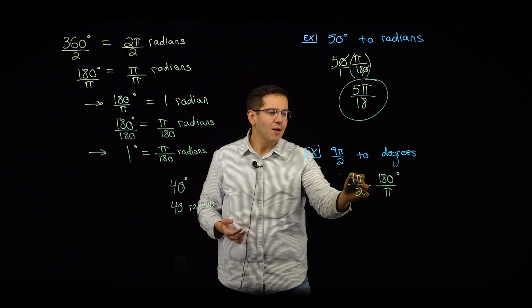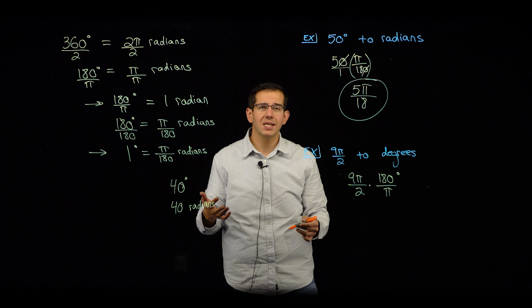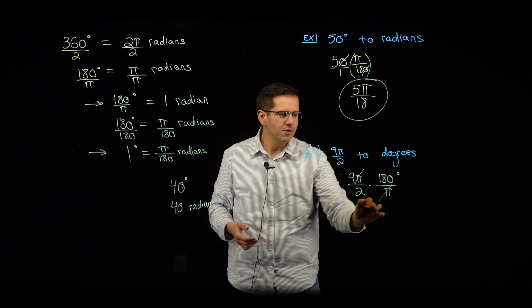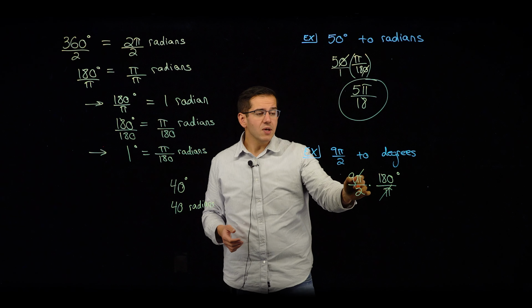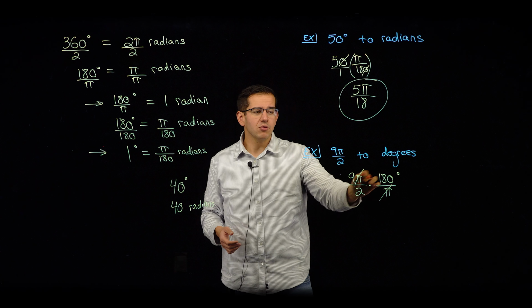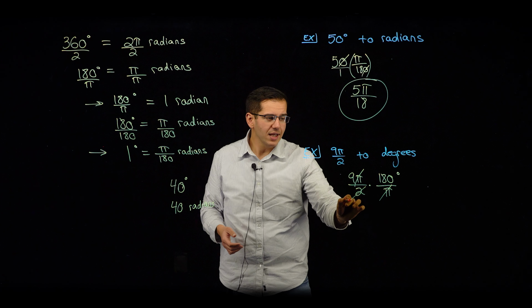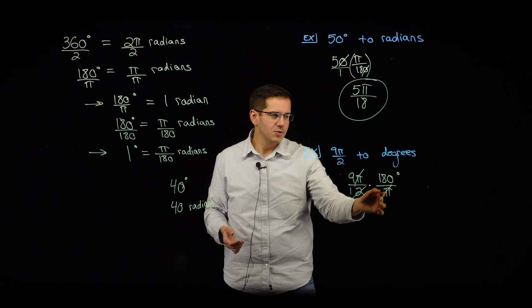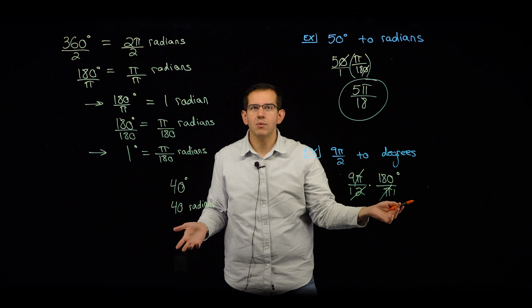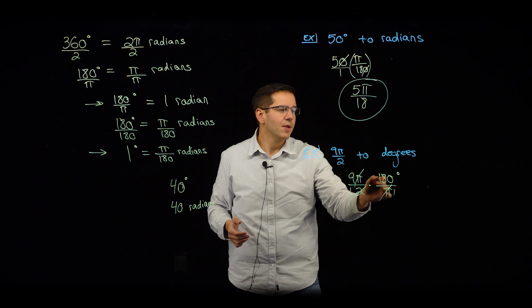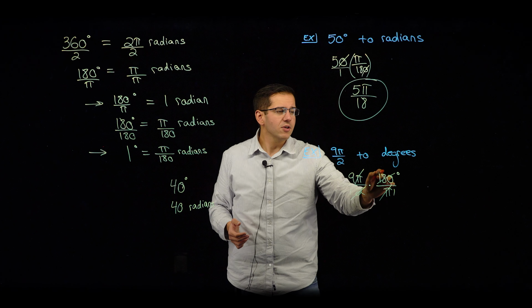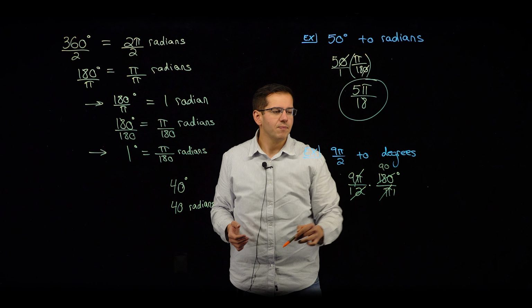So notice we have a common factor of pi in the numerator and denominator. Let's cancel it out. We also have a common factor of 2 in the numerator and denominator. If we cancel it here, we'll be left with 1, just like this pi getting canceled leaves it with 1. Well, you don't have to write that. But when you cancel it from here, you'll be left with 90.